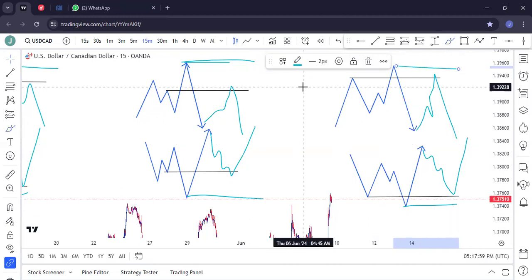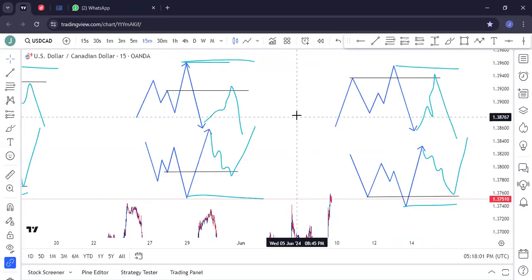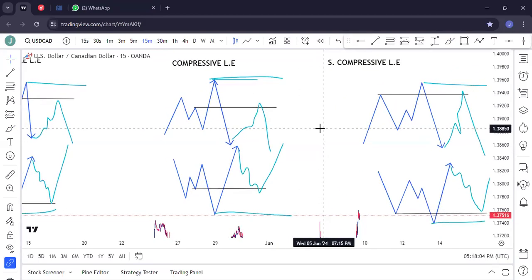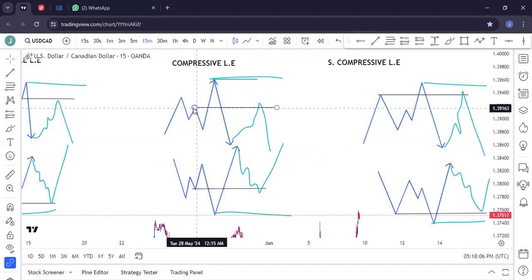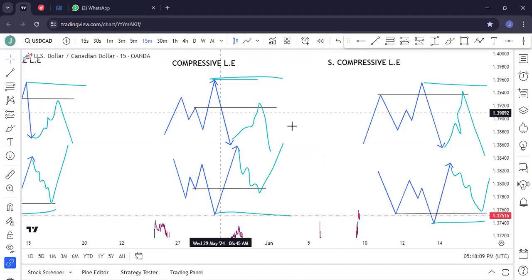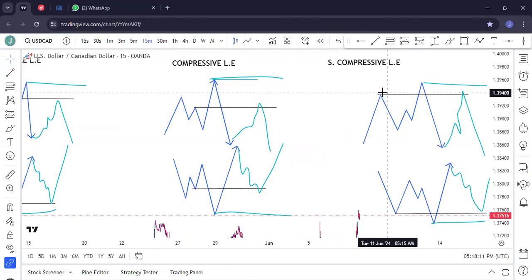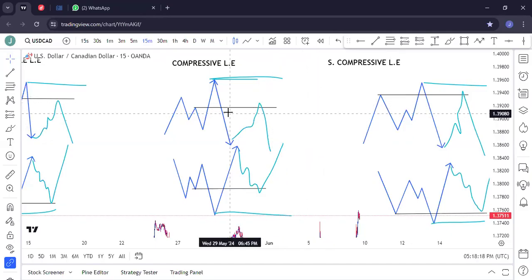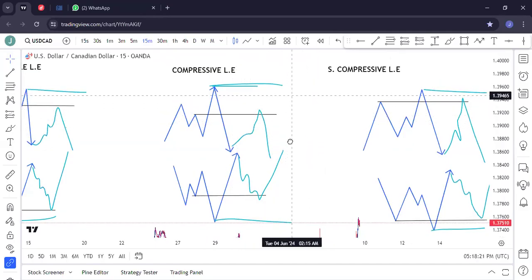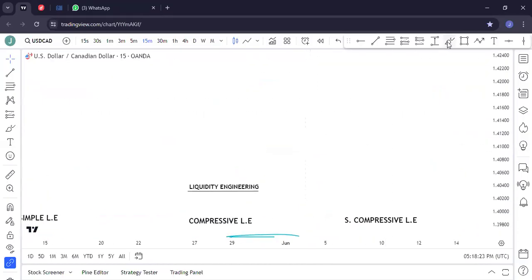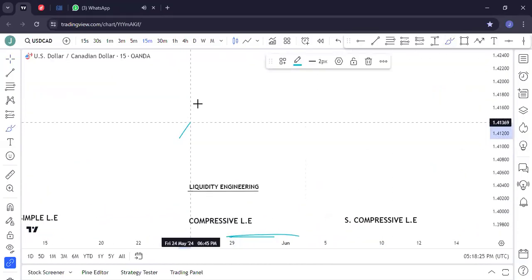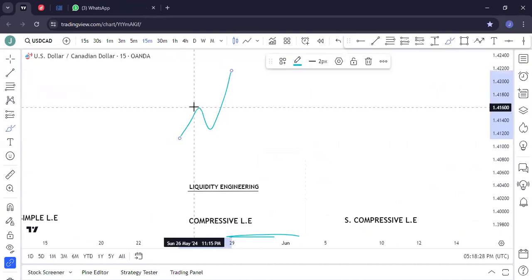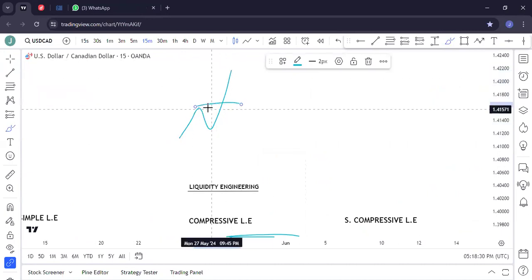Now, you might be asking yourself, why in the simple compressive part we put this entry point here, and in the compressive part we put the entry point at this high here. The reason is simple. We call it liquidity engineering when the market invalidates the trend like this.